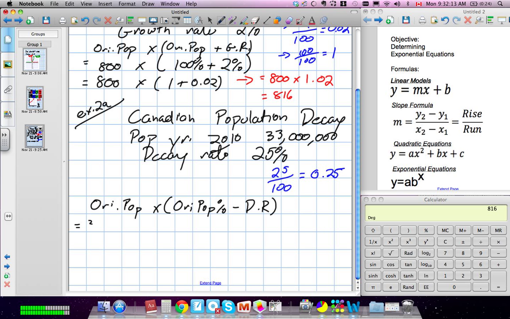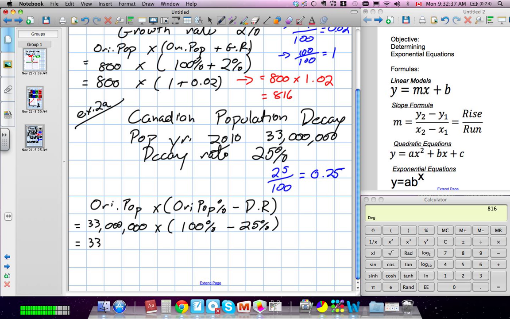I just didn't write all the words in. So, our original population is 33 million. The original population percentage. What is 33 million of 33 million in a percentage? It's 100%. So we take the 100% again, and we're subtracting by our 25%. Okay?